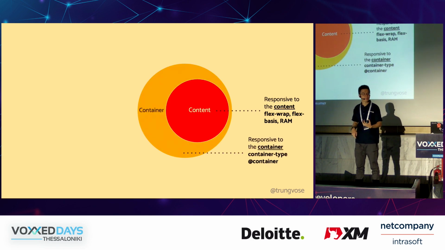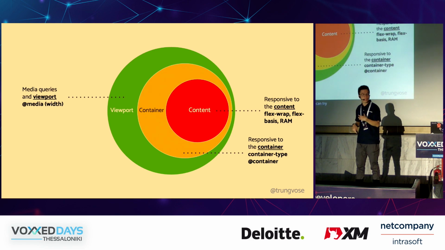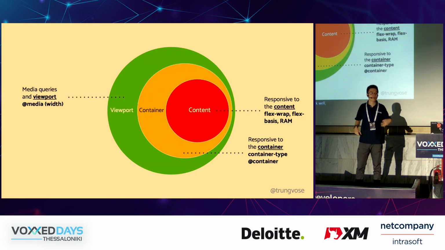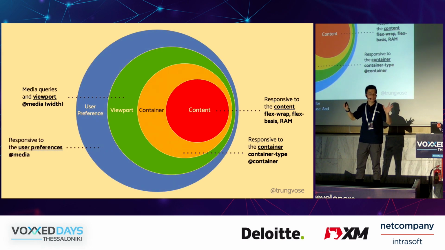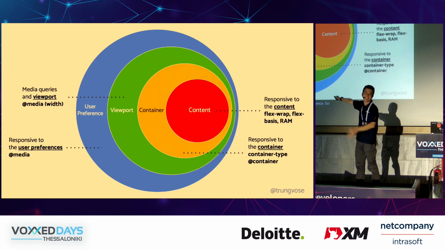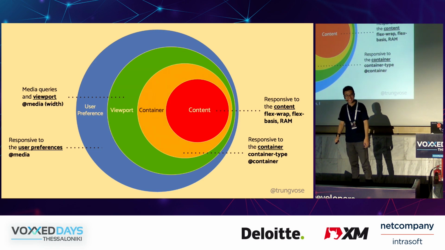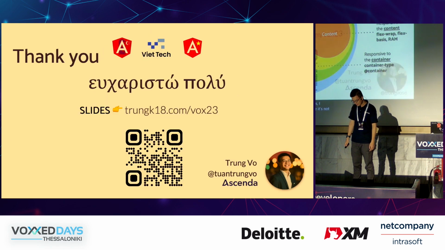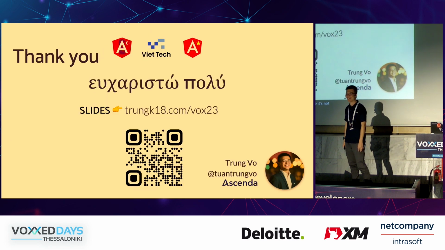You can try to use it. If this doesn't work well, you can look at the viewport, the media queries that we use, and the one outside is preference. So here you have it. Four kinds. I hope it makes sense. And yeah, I hope you enjoyed it.